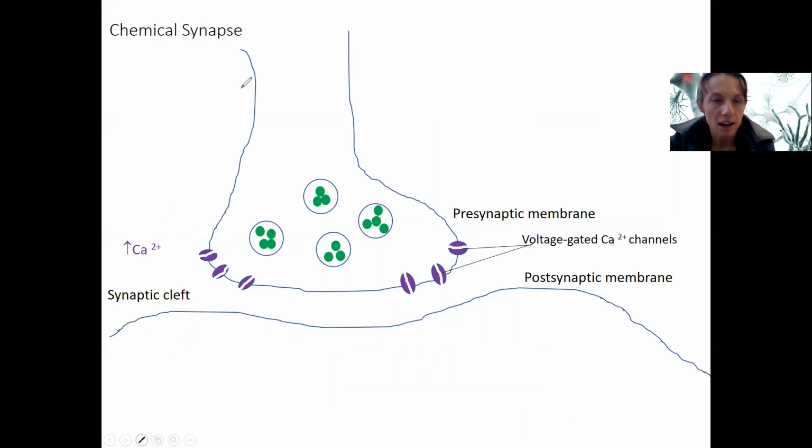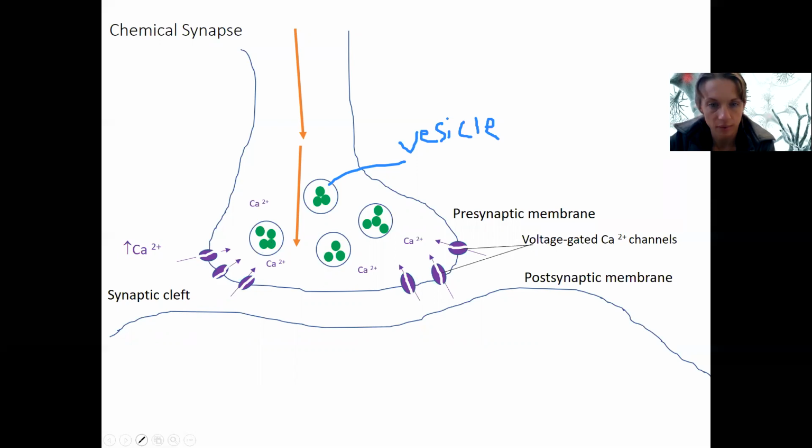So here's our chemical synapse, presynaptic membrane, postsynaptic membrane, cleft. We've got high calcium outside the cell. We've got our synaptic vesicles. And we've got our voltage-gated calcium channels. So when an action potential comes down and reaches the axon terminal, it's going to cause voltage-gated calcium channels to open and calcium to flow into the cell.